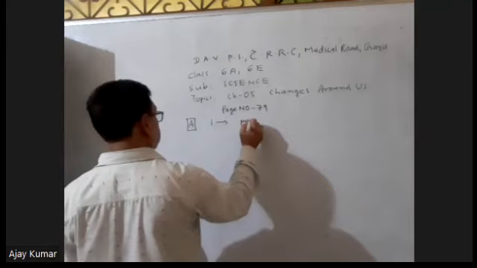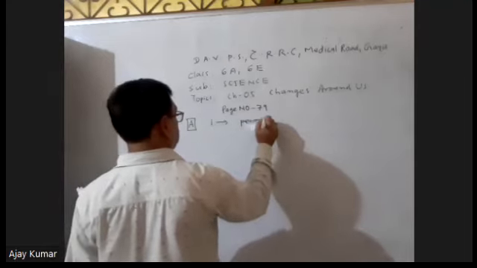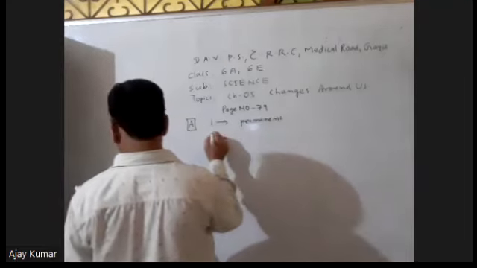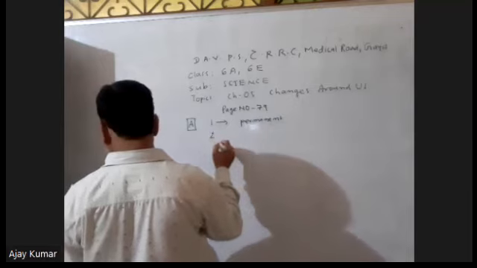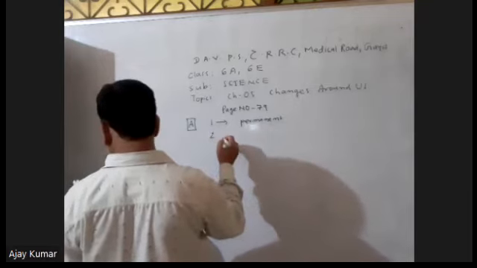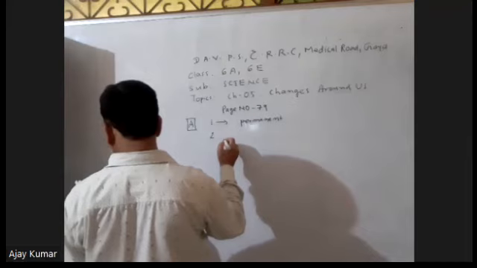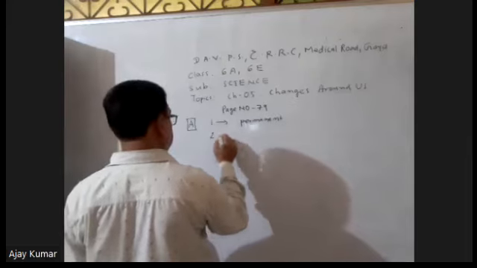Permanent change. The change in which the substance produced can get back to the original form is called reversible.